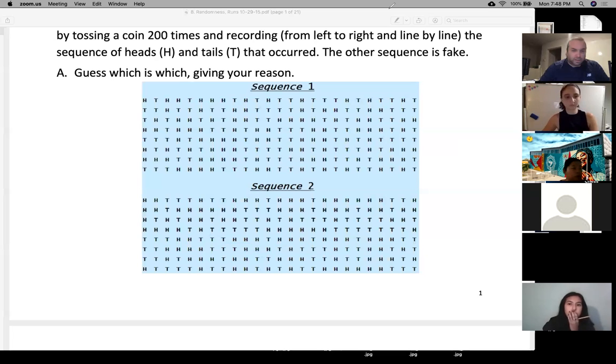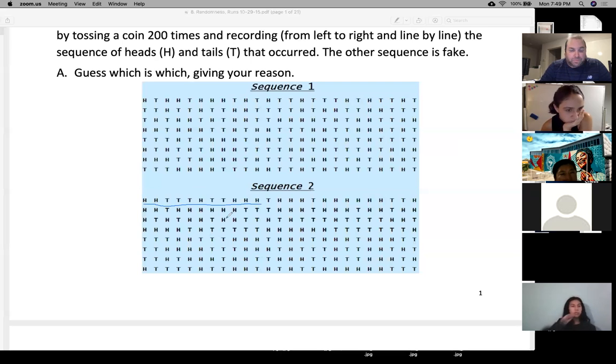Okay. Professor, looking at the first 10 flips, would it be possible to figure out if that's also a true sequence, the first 10 flips? The first 10 flips, like here at the top? For sequence 2, for the first 10, H, H, T, T, T, H, T, T, H, I don't really see anything here that would throw me off.